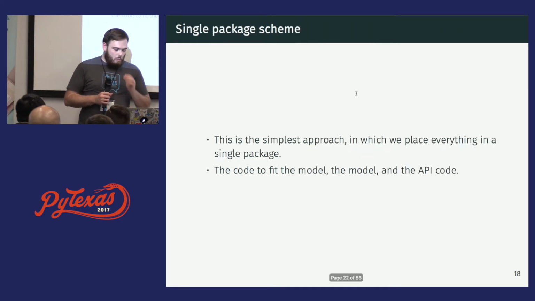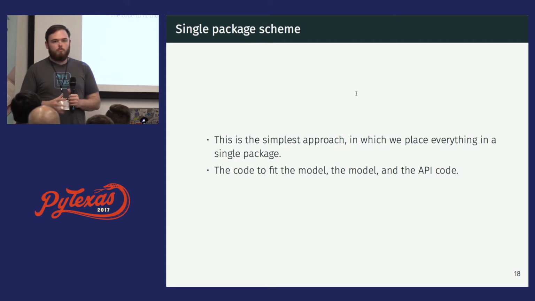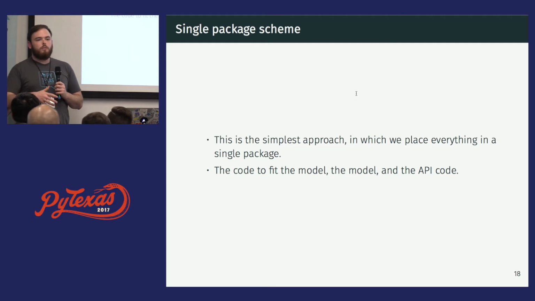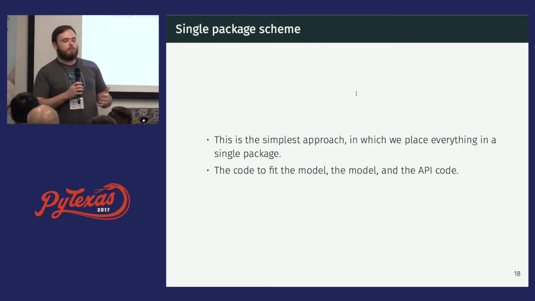So the simplest approach would be to take your project and create one single distribution package with everything in it, right? This is simple because you just place your model, the API code, everything in this one package.